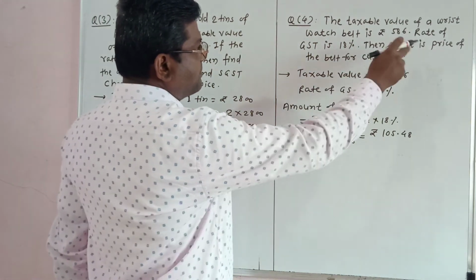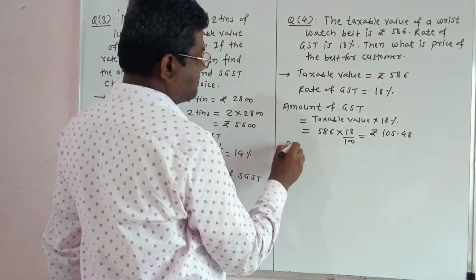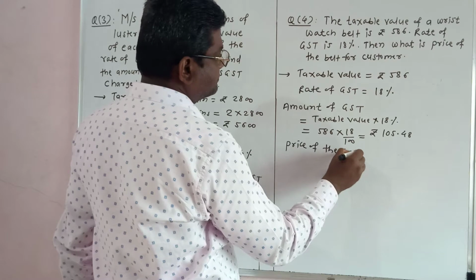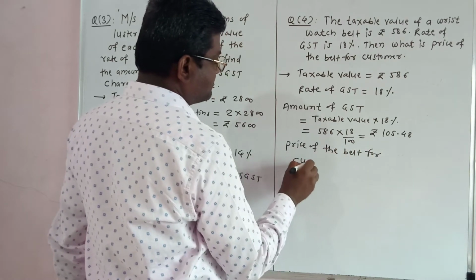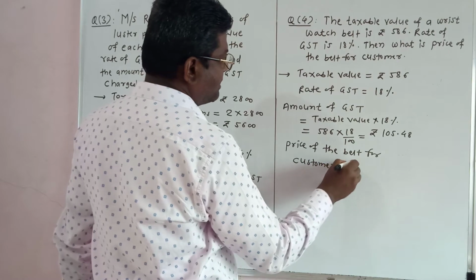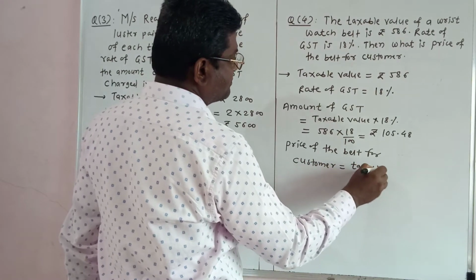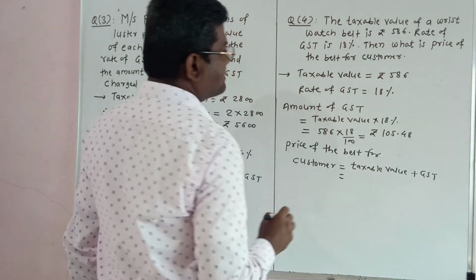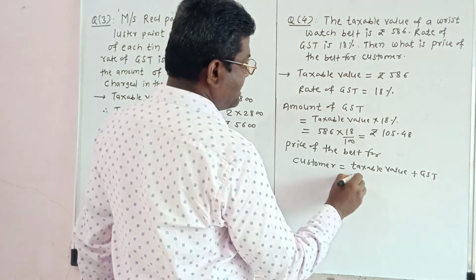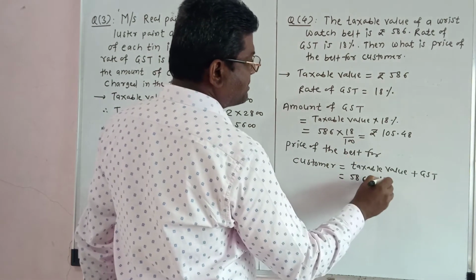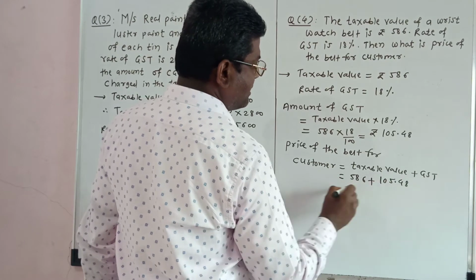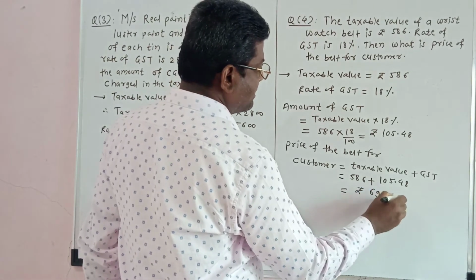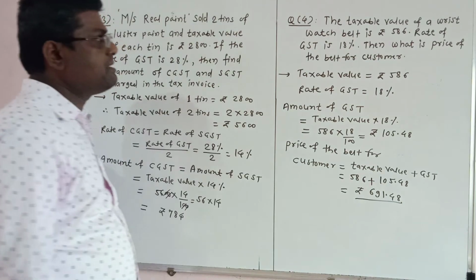Now we have to find the price of the belt for customer is equal to taxable value plus GST. Now taxable value is 586 and GST is 105.48, and its addition will be rupees 691.48. This is our answer.